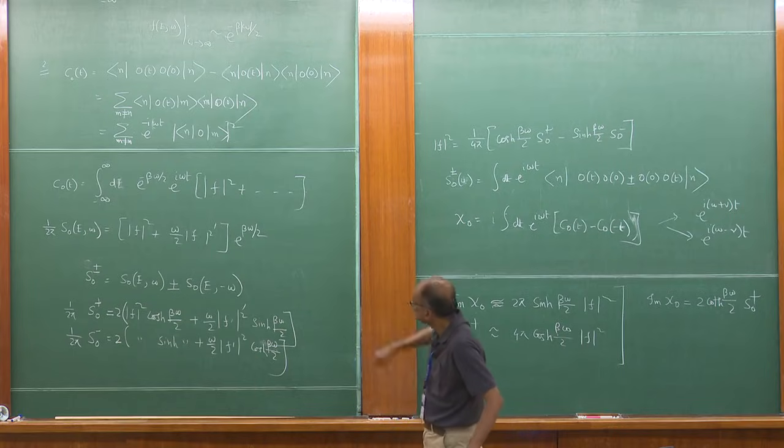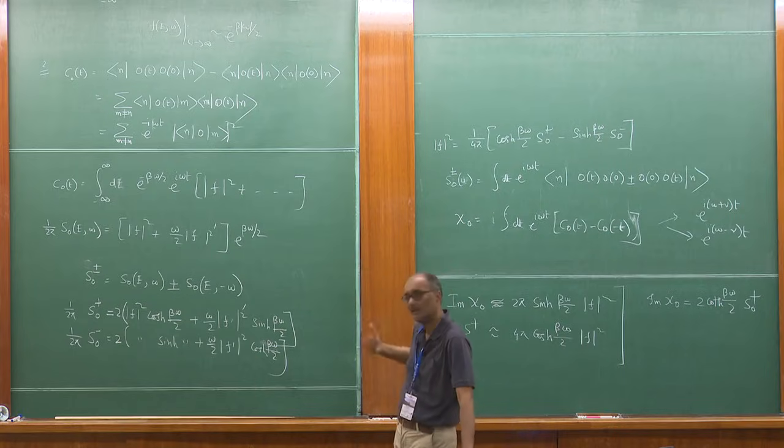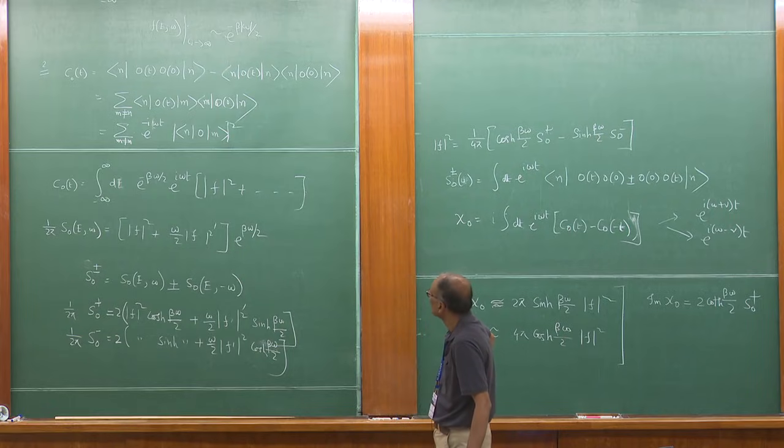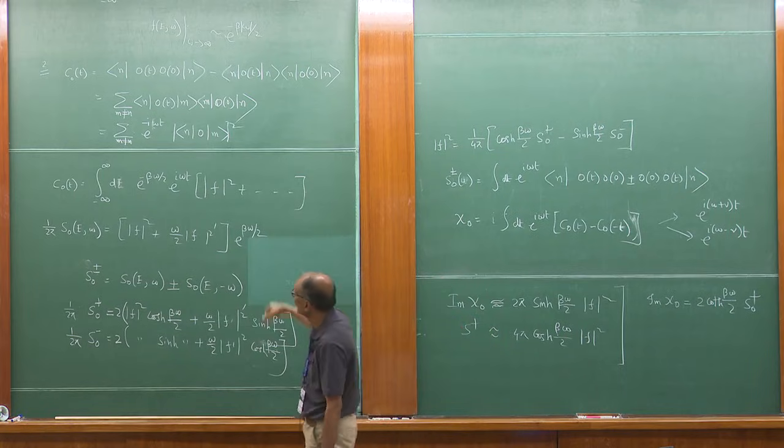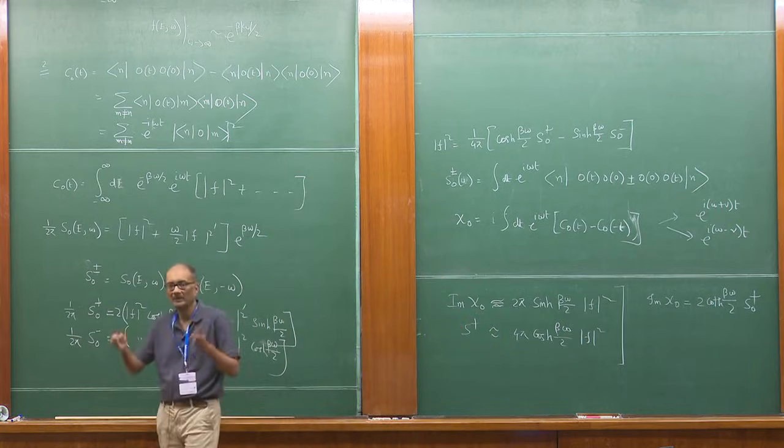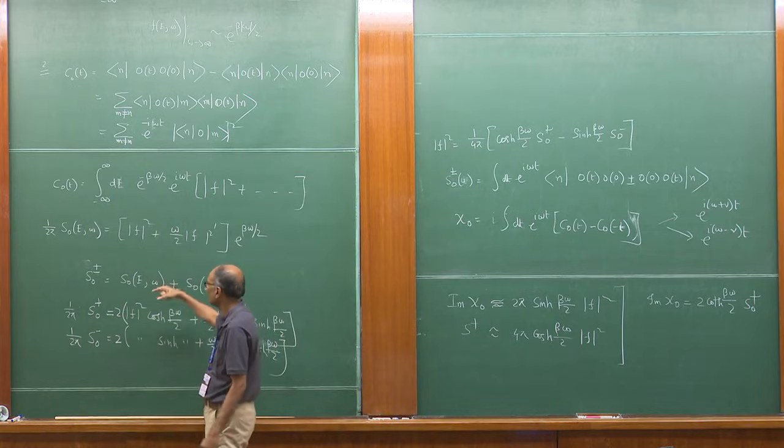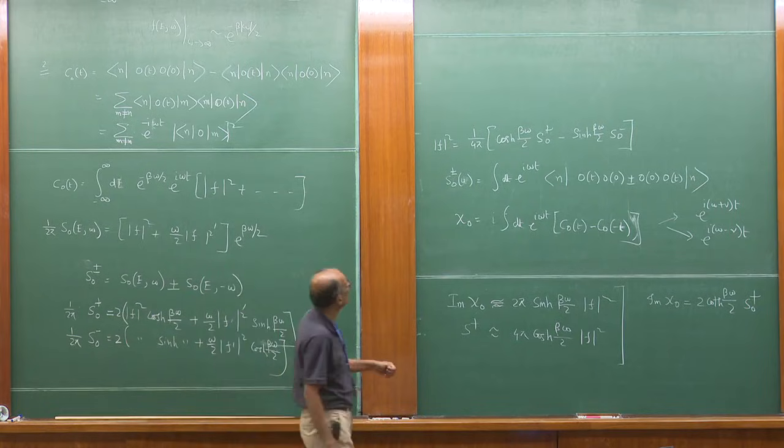No, the structure of these correlation functions are of linear response. Where did we use linear response? Why did we use linear response? So essentially we use linear response when we showed that this C naught T can be written as, or rather this S naught minus out here, somewhere out here, no?